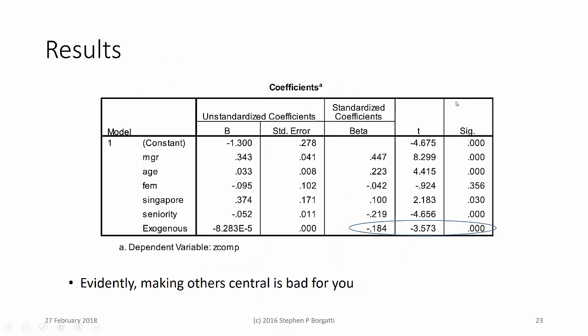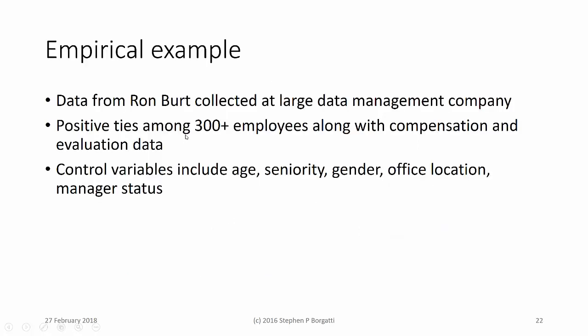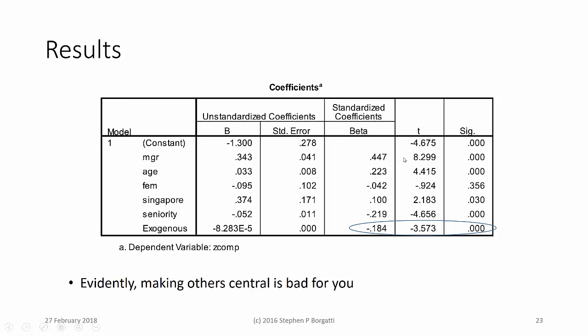So I ran another one of these kinds of things on Bert's data, and I predicted compensation. Doesn't say which model this is in particular. Oh, compensation right there. And here's my exogenous betweenness, and it's negatively significant. So it's negatively related to compensation, and it's significant.